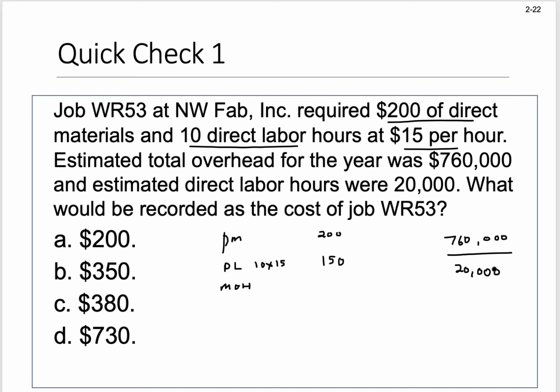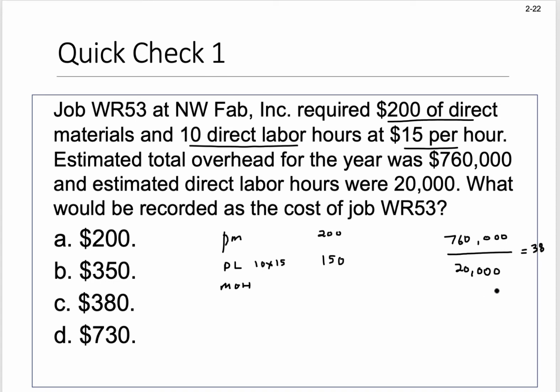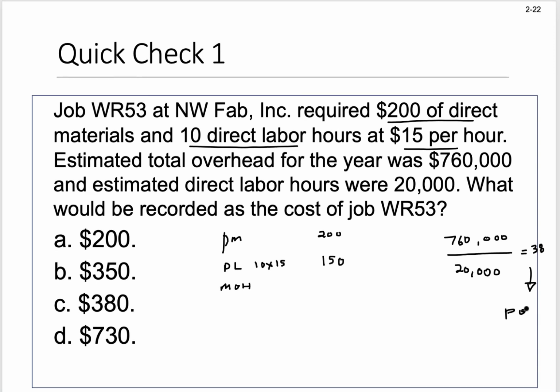If we take our estimated overhead of $760,000 divided by 20,000, that gives us $38. Guess what? This $38 is the predetermined overhead rate.